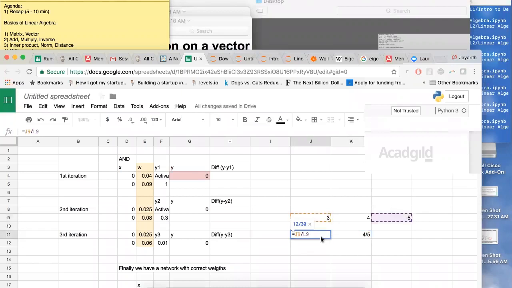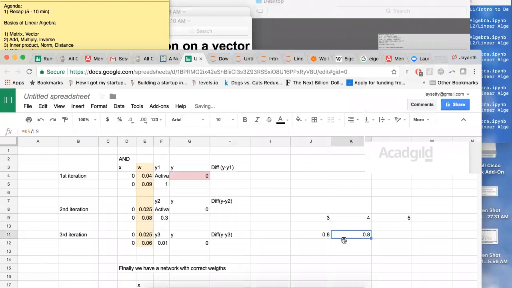Okay, so 0.6 and 0.8 is the unit vector of 3, 4.